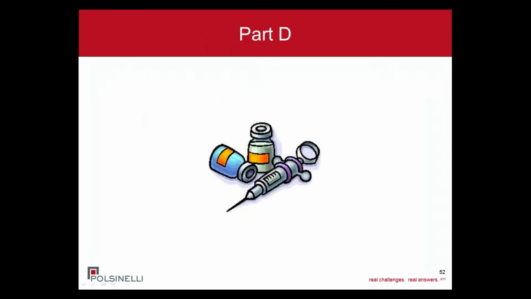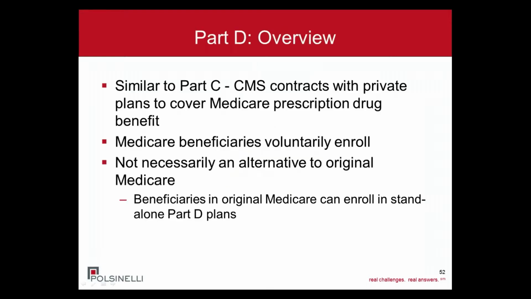I will turn it over to Sara to talk about the prescription drug benefit. Yeah, and the same is true here. This is a relatively short couple of slides because, similar to Medicare Advantage and Part C, it is largely driven by private contracts and negotiations.